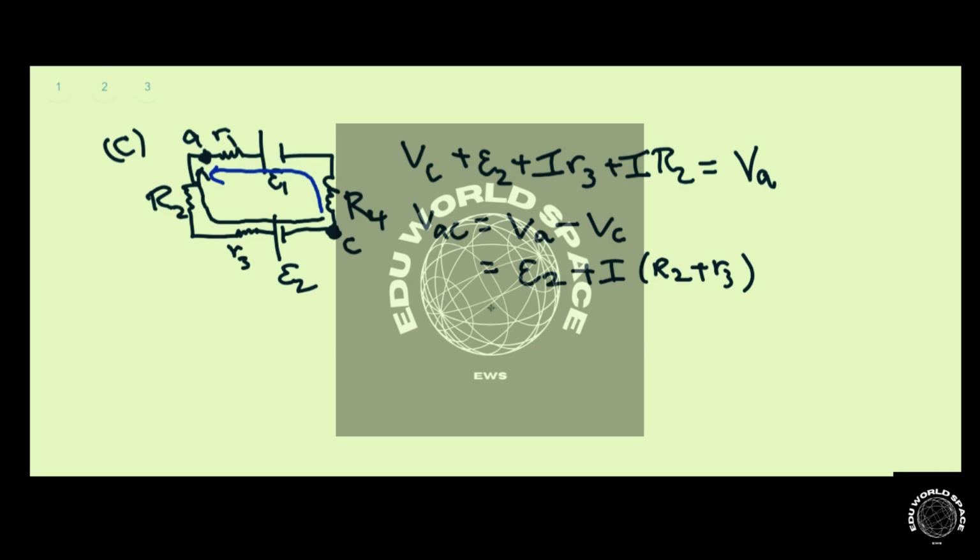And that gives us here 8 volts plus 0.47 amperes times R2, which is 5 ohms, and R3, which is 1.4 ohms, and that gives us 11 volts, right? And you can repeat the procedure by going the way of the blue line, and it should give you the same result.